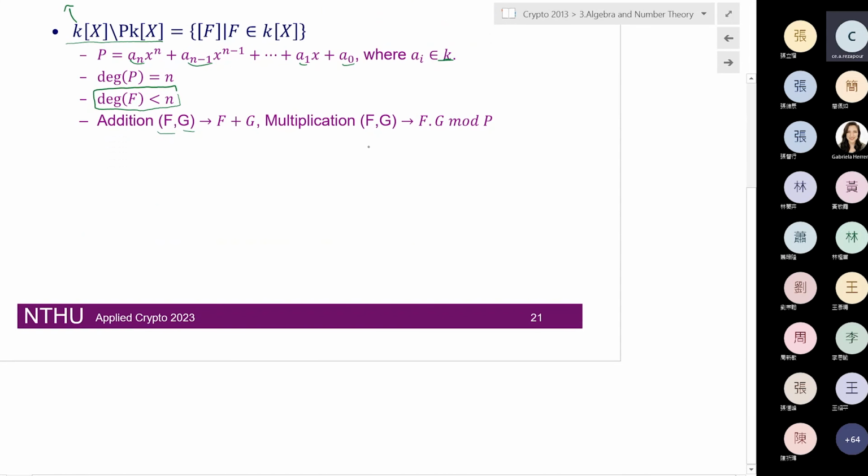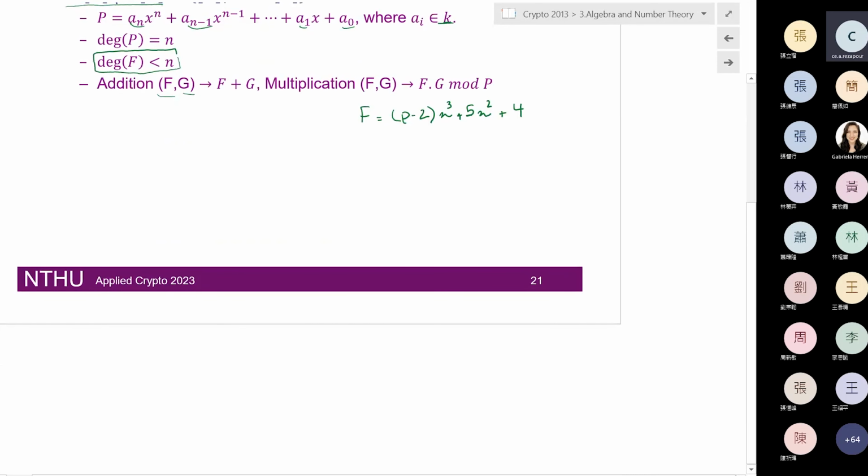So let me give you an example. Suppose I take f to be (p minus 2) x^3 plus 5x^2 plus 4, okay? And then I take g to be (p minus 10) x^3 plus 2x^2 plus 1, okay?